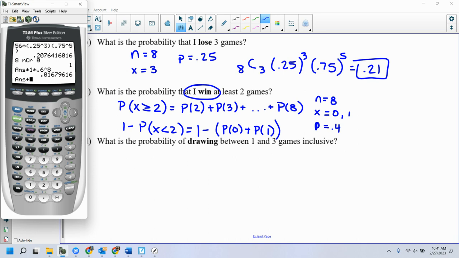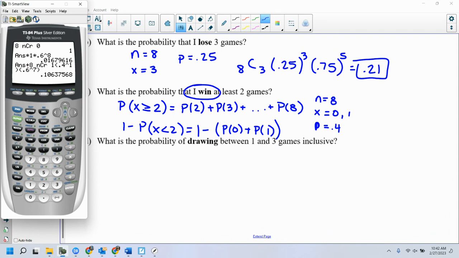So we have this plus, and then we run the calculation for probability of 1: 8C1 times 0.4 to the first times 0.6 to the 7th.